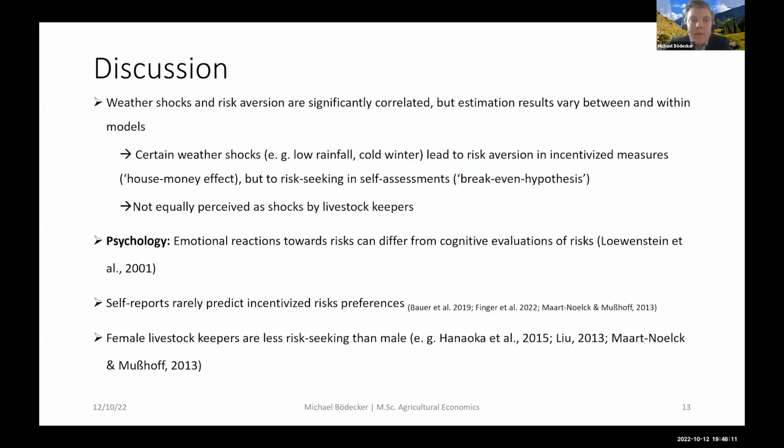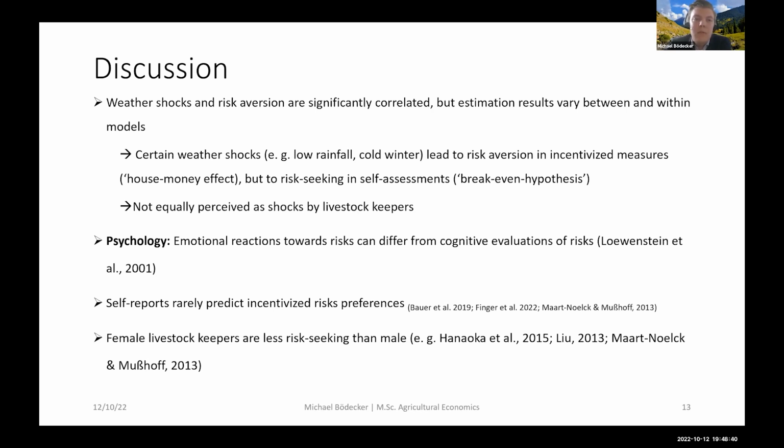The findings were quite difficult to conclude, because there were not many studies which have used both approaches, and some studies have found that risk aversion in incentivized measures and in self-assessments lead to similar results. But I found one study which says that emotional reactions towards risk can differ from cognitive evaluations of risks.